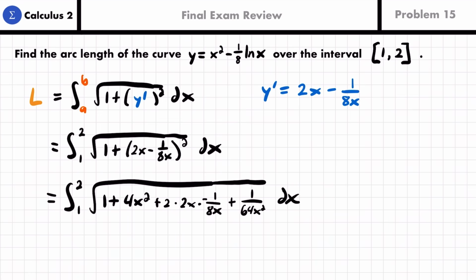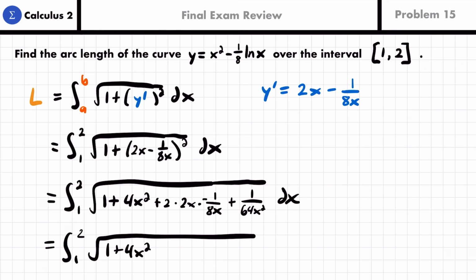Now simplifying a little bit, we have 2 times 2, which is 4. So 4x divided by 8x, those x's will cancel out, and then 4 divided by 8 is 1/2. So this simplifies to the square root of 1 plus 4x squared minus 1/2 plus 1 divided by 64x squared. Okay, and so then that is multiplied by dx. Again, just to be clear, these two x's canceled out, so just cross those out.